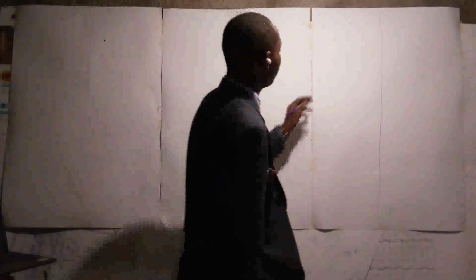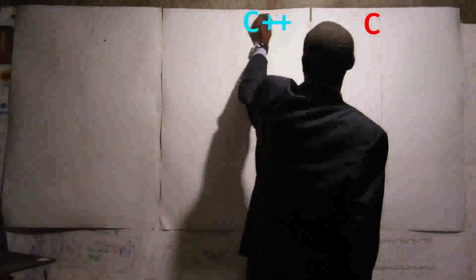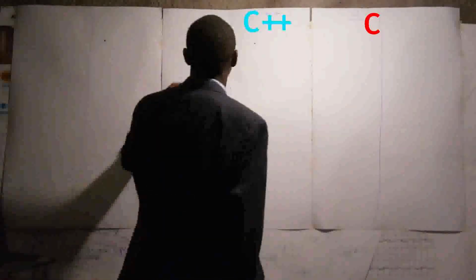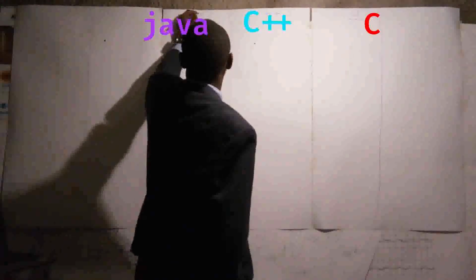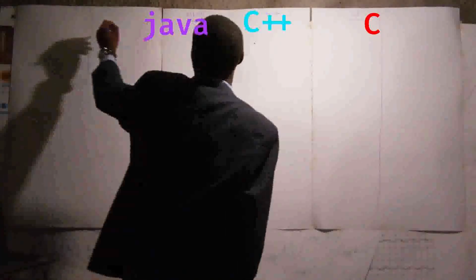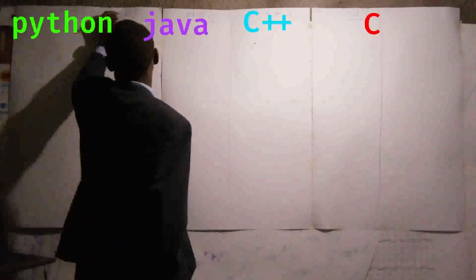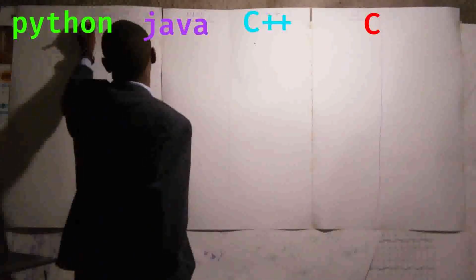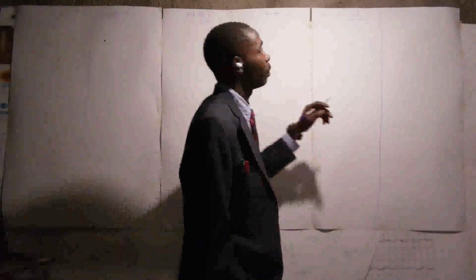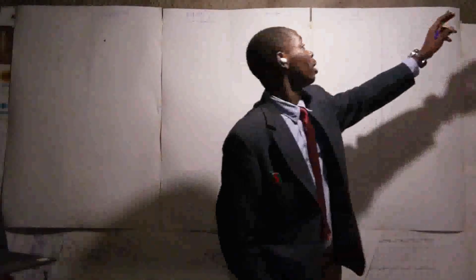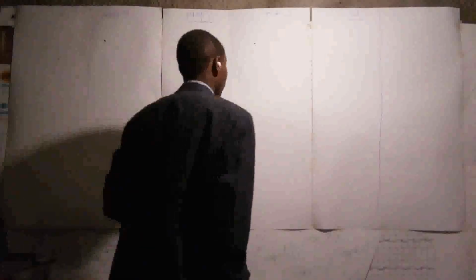We have the C language here, C++ here, Java here, and Python here. Here is the content, where we are going to teach the complete different basics of C, C++, Java and Python, all directly at the same time.